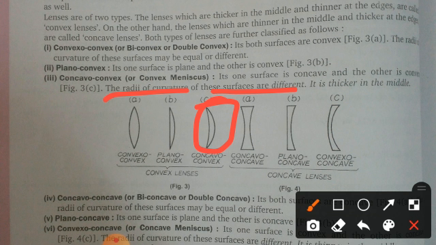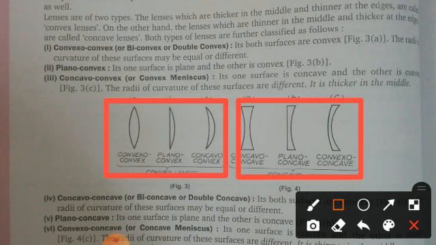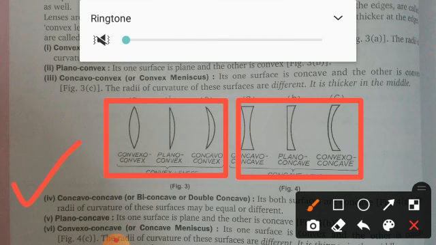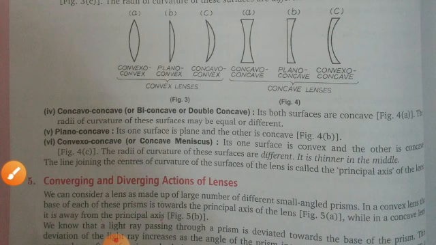Fine. Now come to the concavo concave, or biconcave or double concave. These are the three figures of convex lenses, and the remaining three are for the concave. Clear? So the fourth one is concavo concave. Both the surfaces are concave.